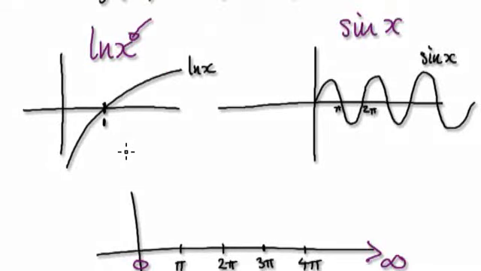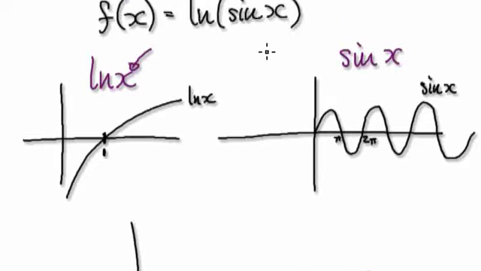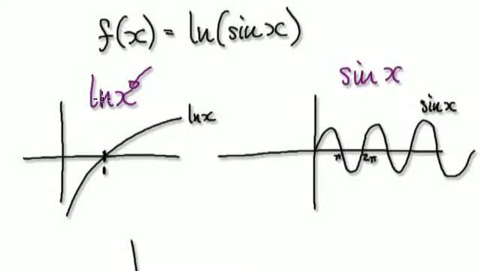As you draw your graph, look what happens. Well, you know that the natural log of x looks like this. Now, sine of x is going to be between 0 and pi here. It's going to be positive, meaning when you put it into here, it's going to be valid, and then here invalid.